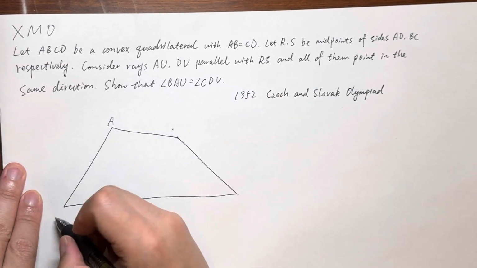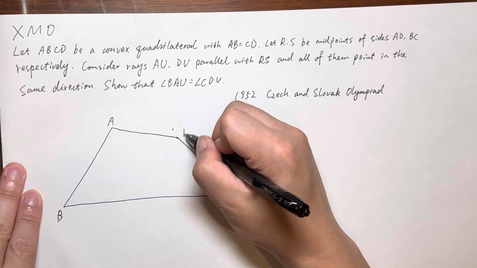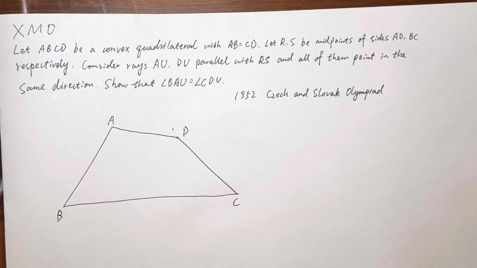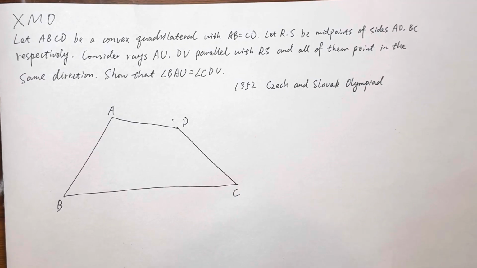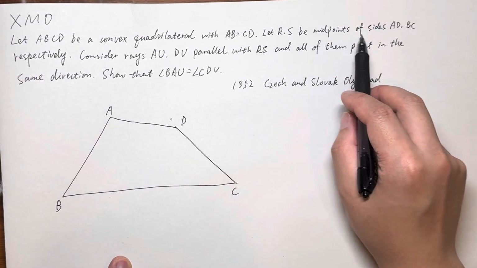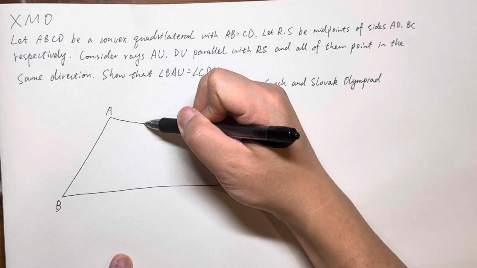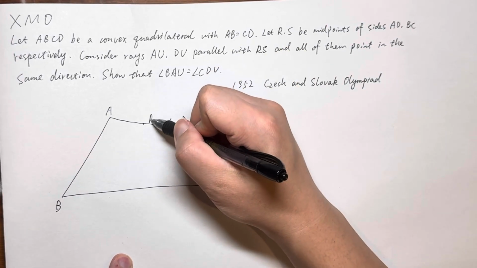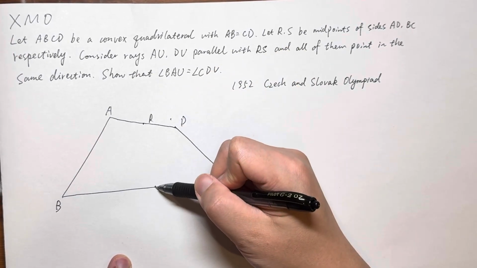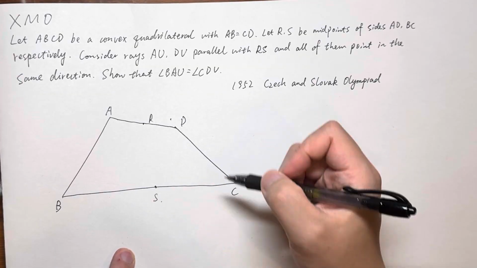So here we have A, B, C, D. And R and S are the midpoints of sides AD and BC. So this one is R, and call this one S.